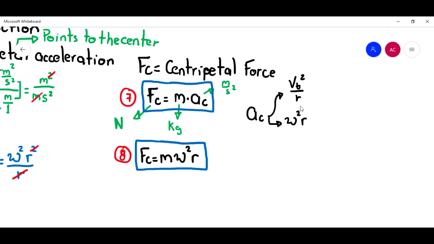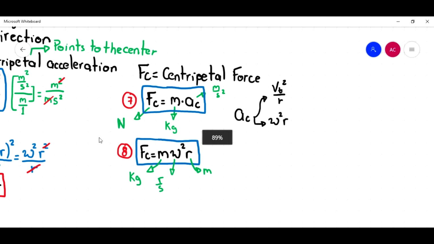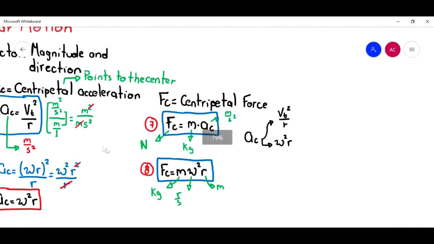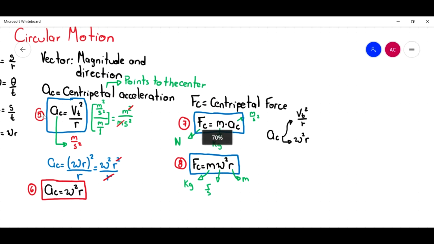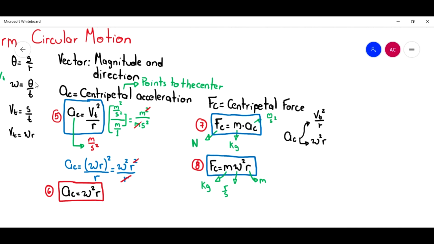And those are going to be the same units, but remember, mass is going to be in kilograms. The angular velocity is going to be in radians over second, and the radius is going to be in meters. Okay, so now I got tangential displacement, angular velocity, tangential velocity, centripetal acceleration, and centripetal force.